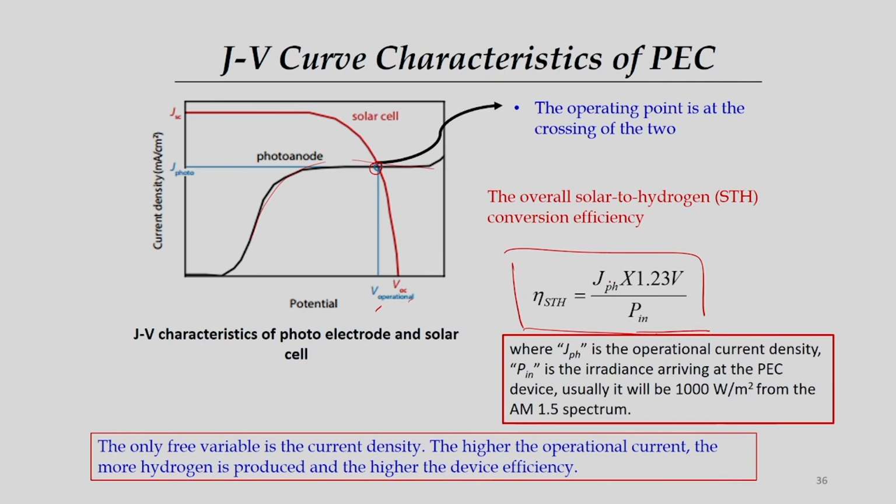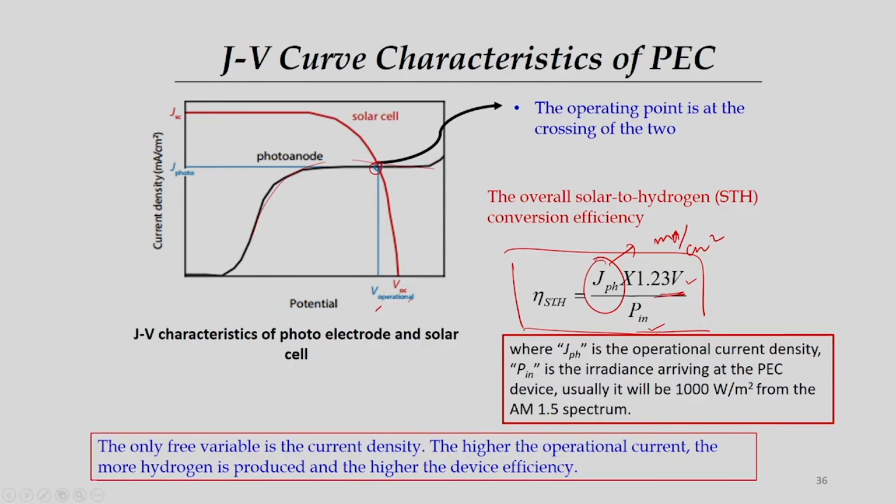Okay. So, this is the current density, which is milliampere per centimeter square, and we will have this 1.23 times into volt, and P in is the irradiance arriving at the PEC. Okay.